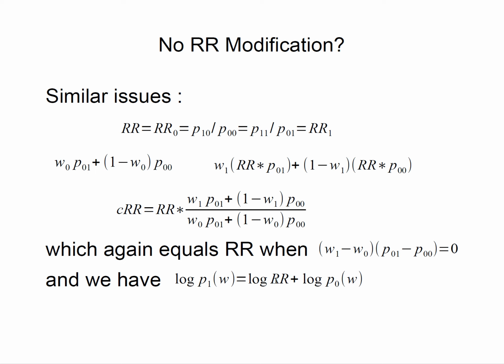In other words, these two curves will be parallel. Again, because of this parallelism, confounding cannot be present if either the weights are the same or the probabilities among the unexposed are the same.